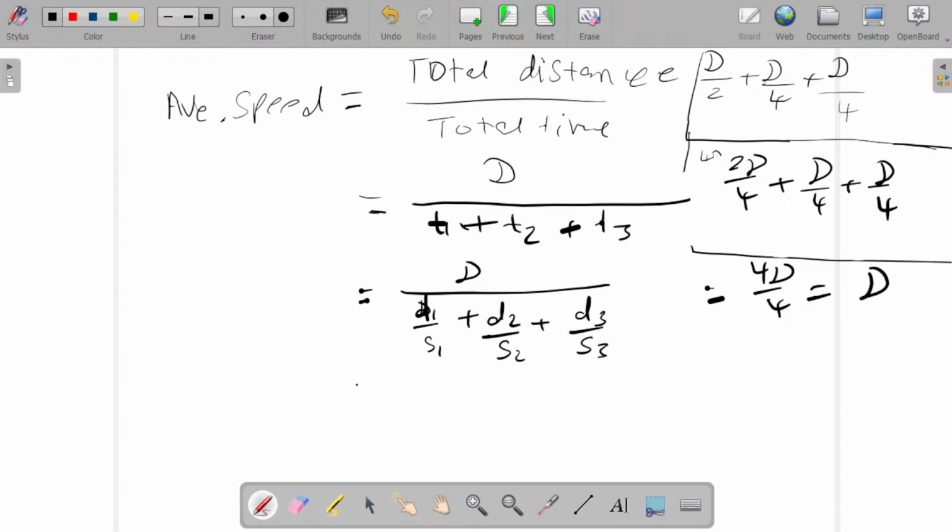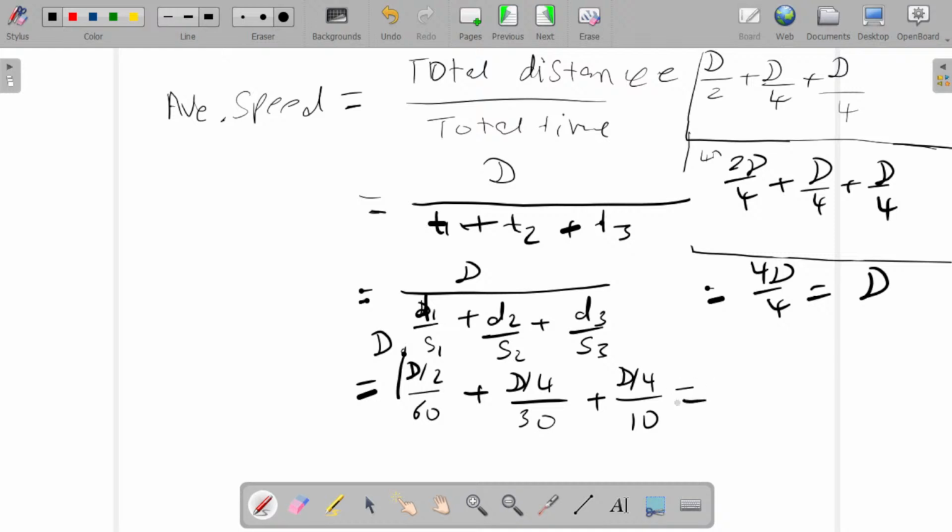So let me check here: d1, which is d by 2, by speed 60, plus d2, which is d by 4 by 30, plus d by 4, the rest distance, by 10.